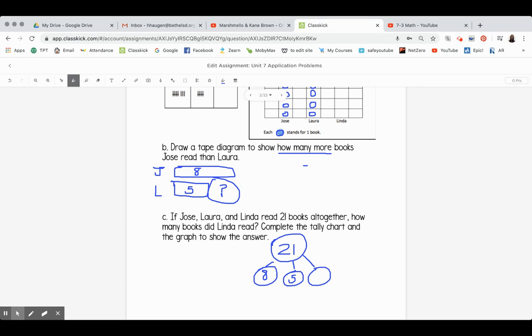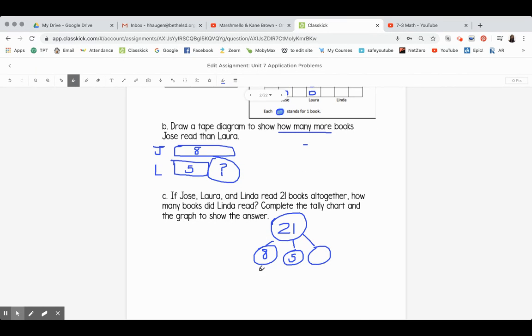So how do I find the missing part? Well, I need to find out what I know first. I know that together, these guys read 13 books, okay? They read 13. So if I have 13 books, what is my missing part to get me to 21?